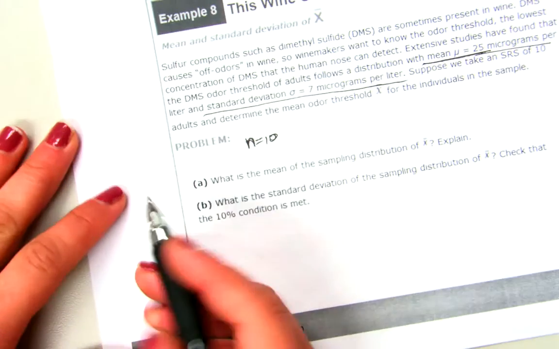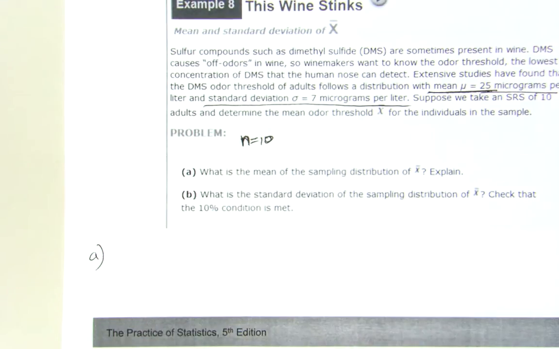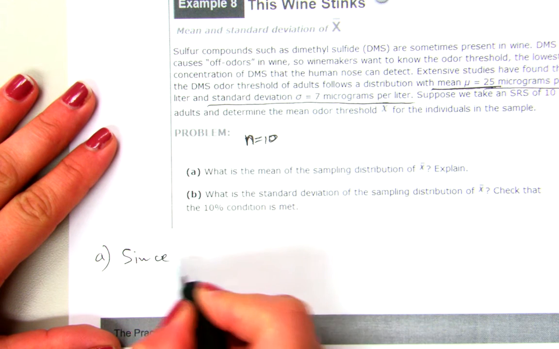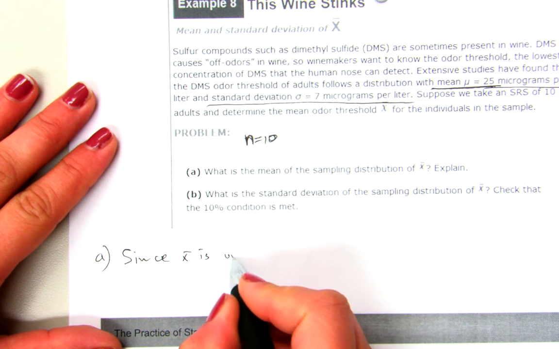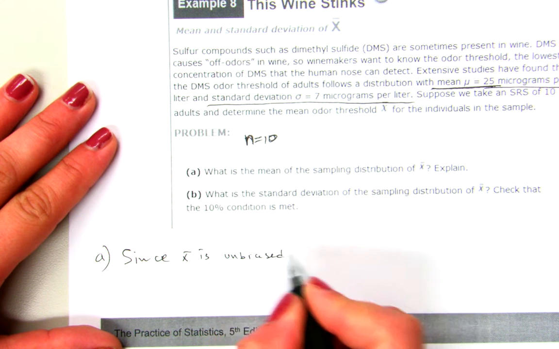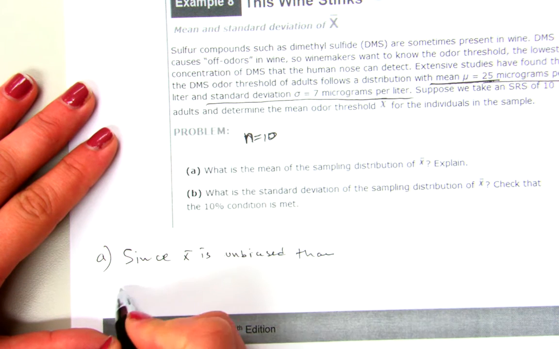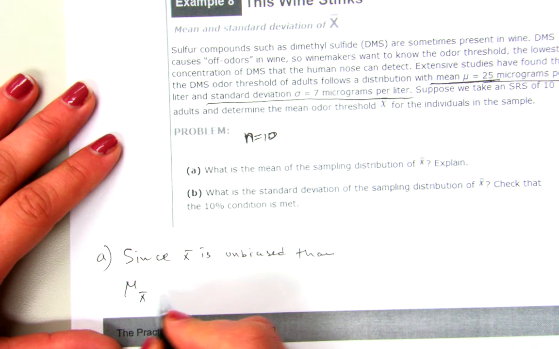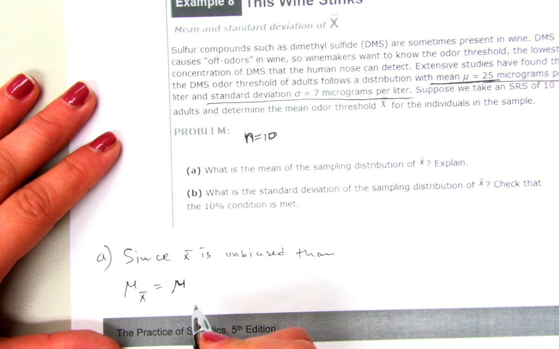if you've read, then it should be pretty obvious since X bar is unbiased. Then we can say that the mean of the sampling distribution of X bar is going to be equal to the mean of whatever population distribution we have in the first place.